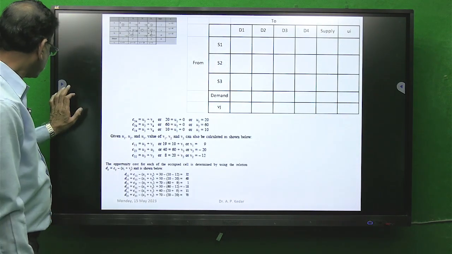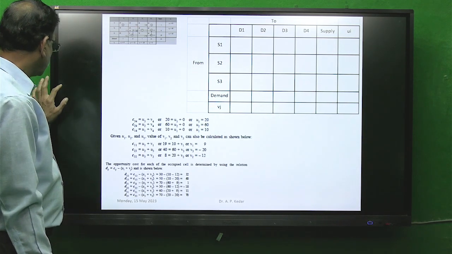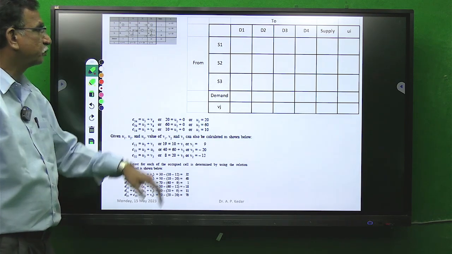Now here you can see the preparations done for this problem.